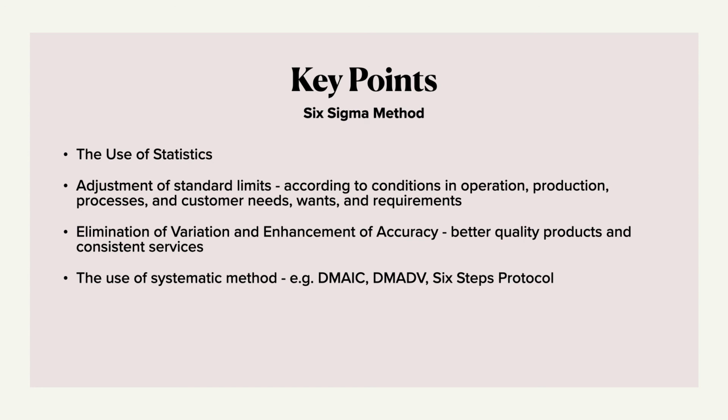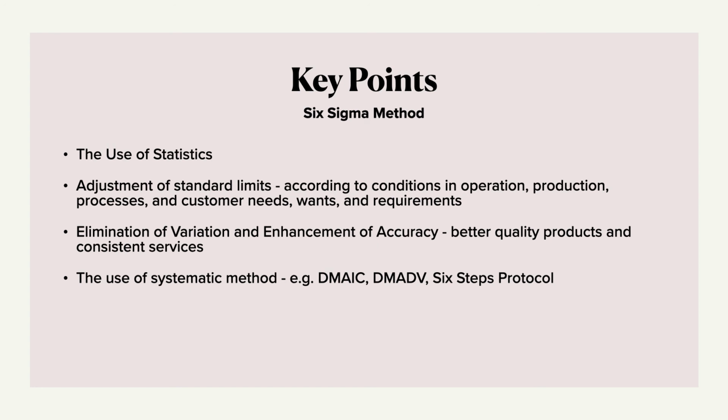Here are the key points for the Six Sigma method to review. We definitely use statistics. And another very important thing is you have to adjust the standard limits according to the conditions in operations, production, processes, and customer needs, wants, and requirements.